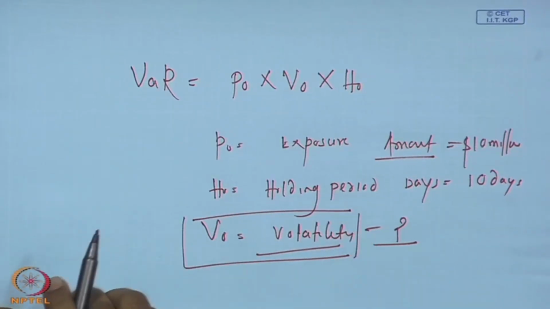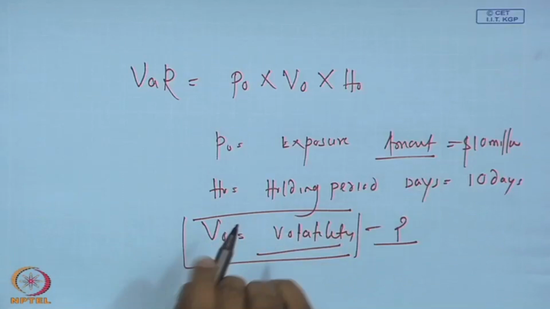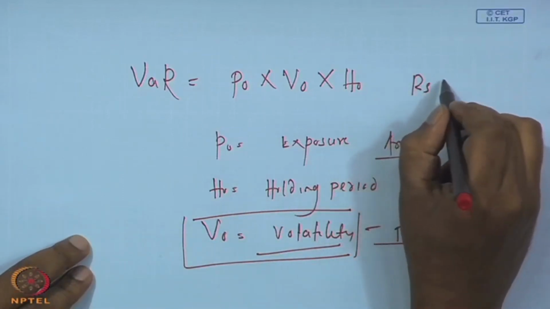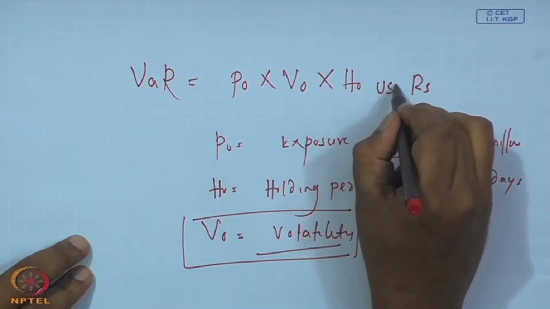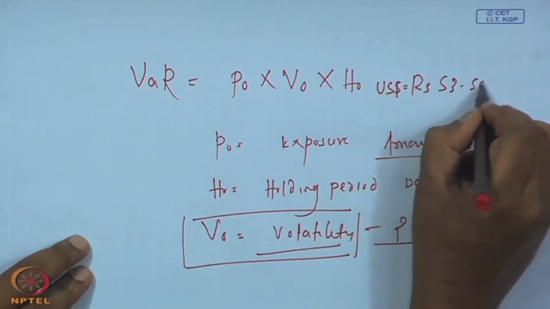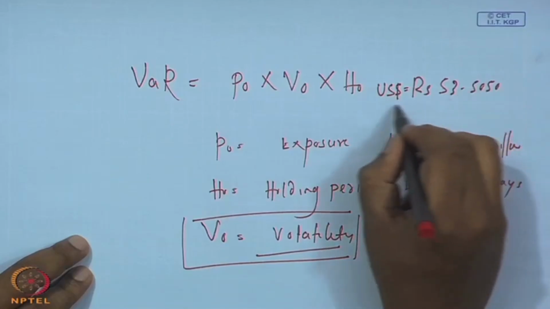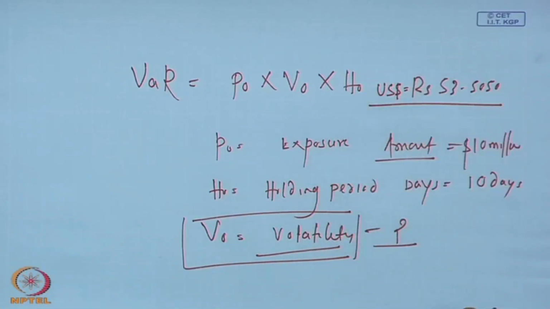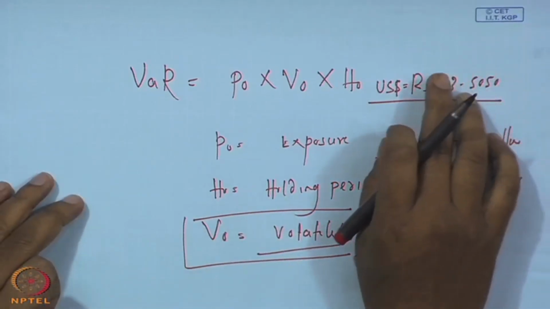How do we estimate? Suppose you are handling the US dollar and Indian rupee calculation. You take a series of days, generally maybe around 240 days of data, every day, and see what the fluctuation is.